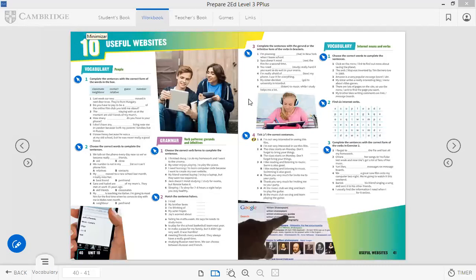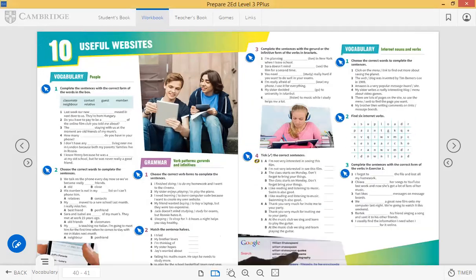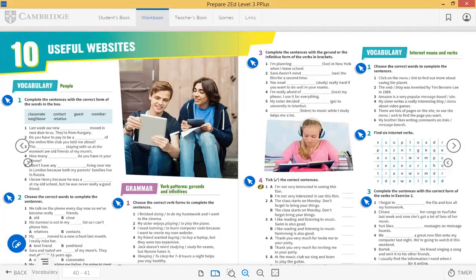Yes, that was the first topic. And also we checked some vocabulary words. Another thing that we were checking was the grammar. Yes, grammar. Verb patterns.